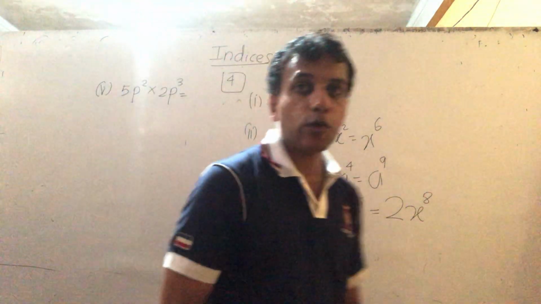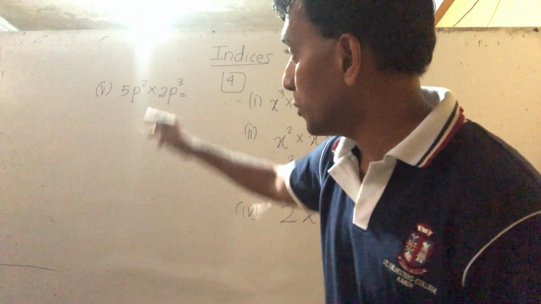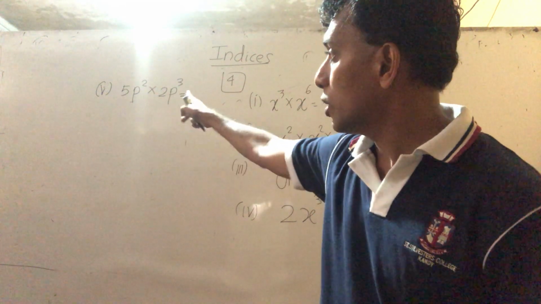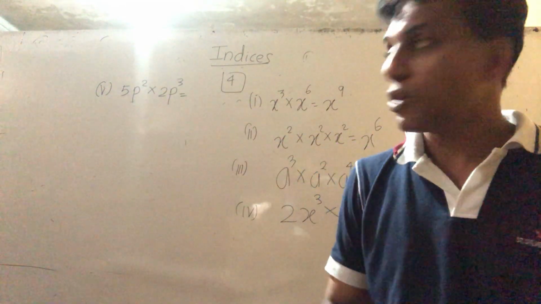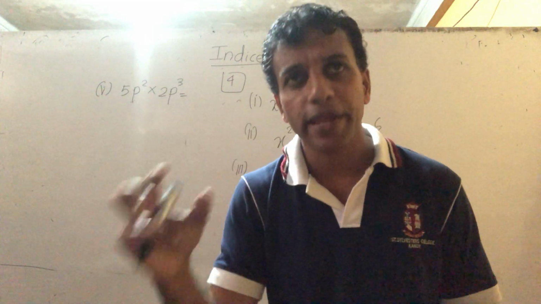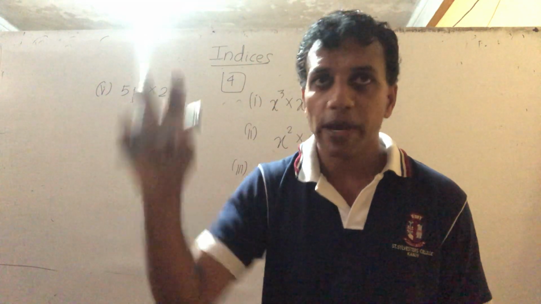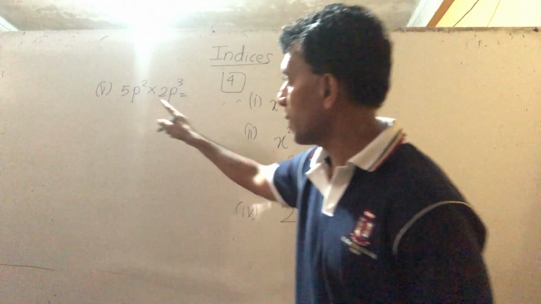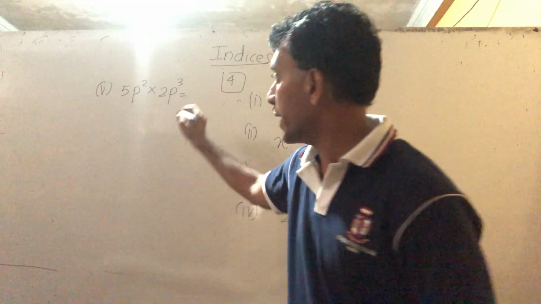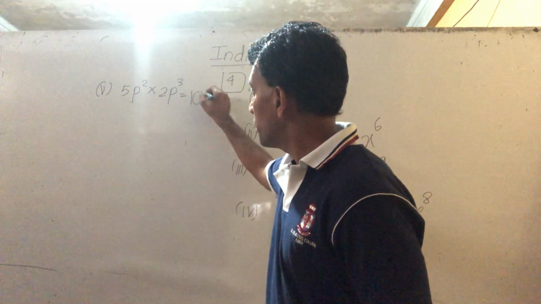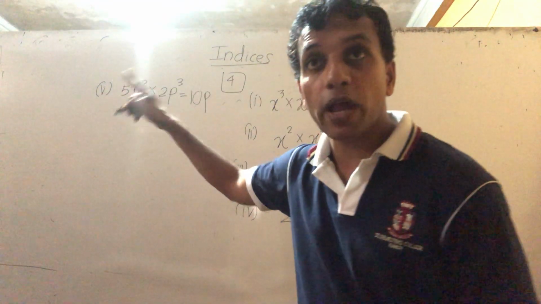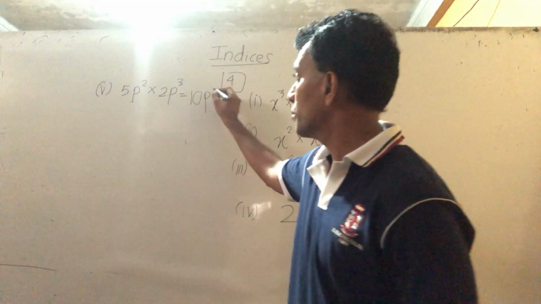Same, next one: 5p to the power 3 multiplied by 2p squared. If numbers come, multiply the numbers separately and write the indices by adding the powers. So the answer: 5 times 2 is 10, p to the power 3 plus 2, that is 5.